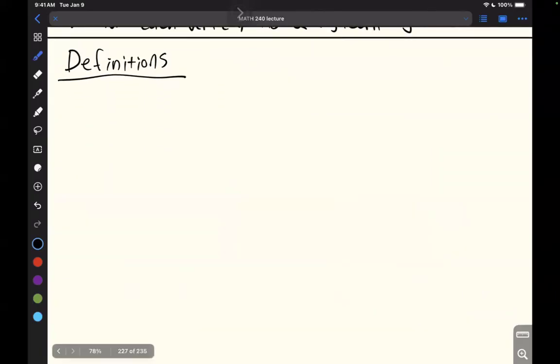Okay, so let's talk about some definitions. The way we have colored this graph is what we call a vertex coloring.